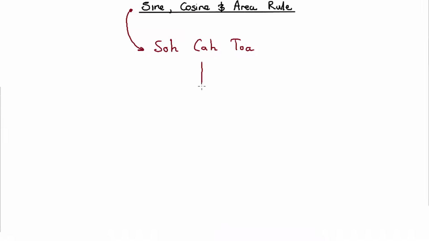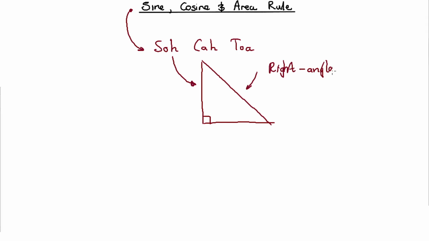And the SOHCAHTOA was only applied to a specific triangle, only the right angle triangle, right? So what I'm trying to say is that it only applies to a right angled triangle. It only applies here.